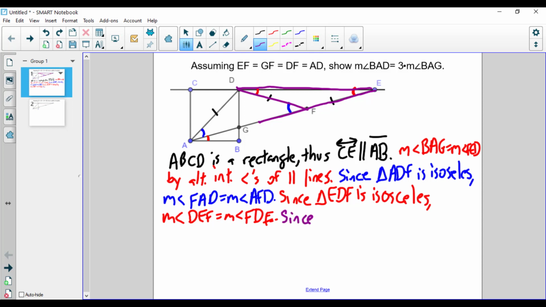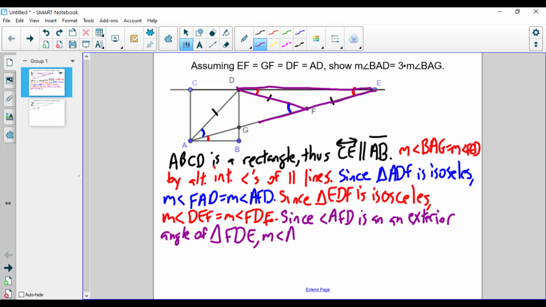So I can say since angle AFD is an exterior angle of triangle FDE, the measure of angle AFD is equal to 2 times the measure of angle FED.